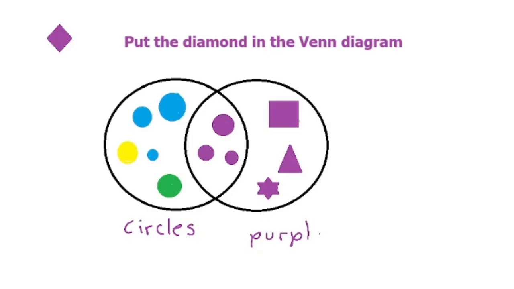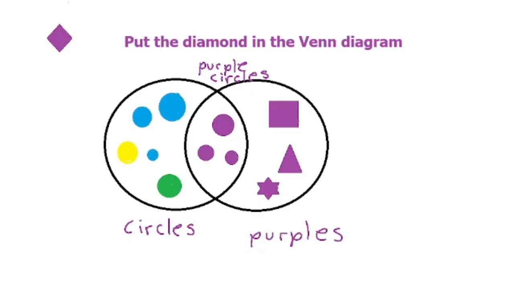So what are the things that these circles have in common? They have in common purple circles, and that's the overlap of the two circles here, right? This is the overlap. This is the area that the both circles have in common.